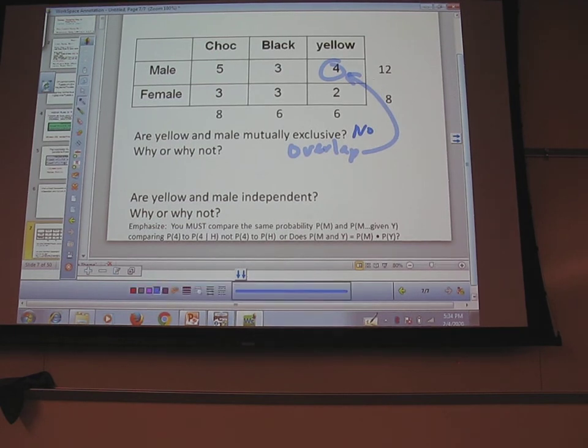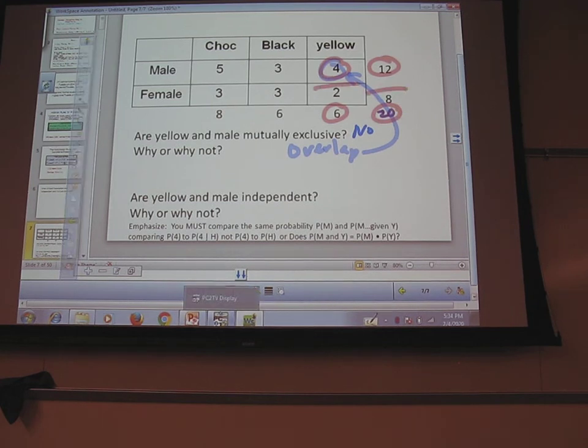Find all of your ratios. What are the things that matter to male and yellow? Here's the total male, here's the total yellow, here's the male yellows and the total, and find these fractions. Right?